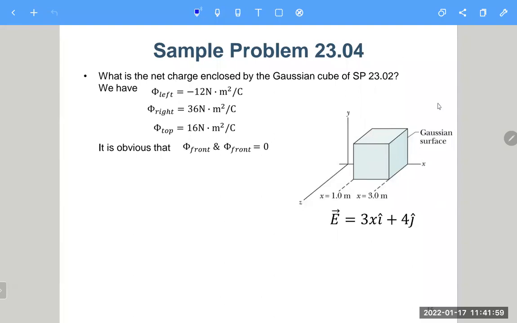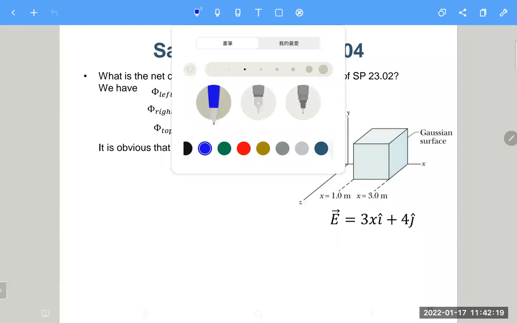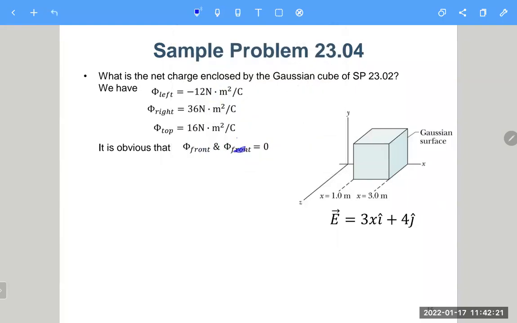Actually, in this sample problem, we already found phi left, phi right, and phi top in the beginning of this hour. So here we also can see that phi front and phi back should also be 0.